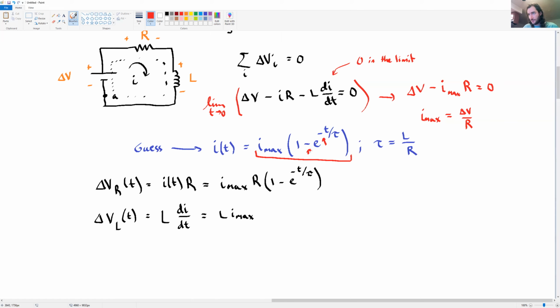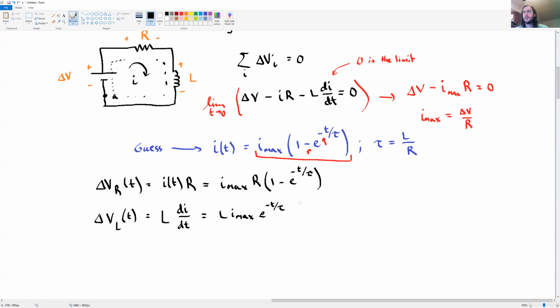Excuse me. And so we're going to get a net positive here, and we're going to end up with e to the minus t over tau. So double check that derivative. Make sure that what I'm saying is correct here. So L times I max e to the minus t over tau there.